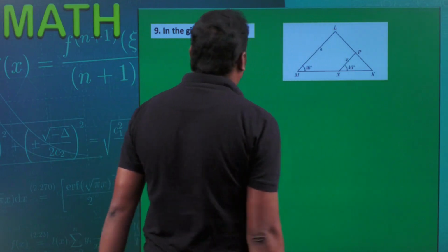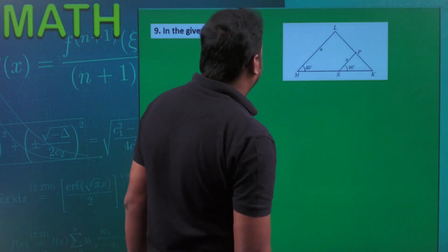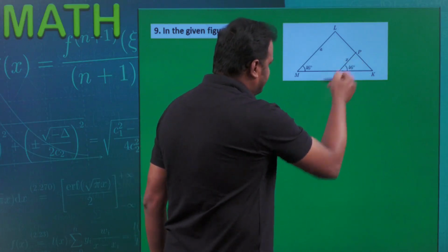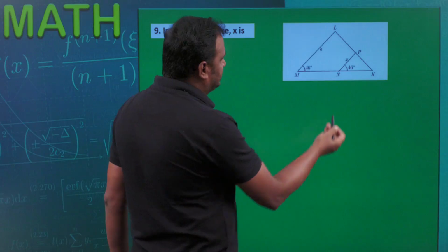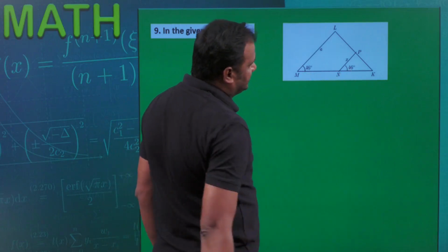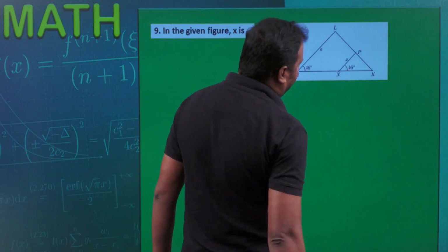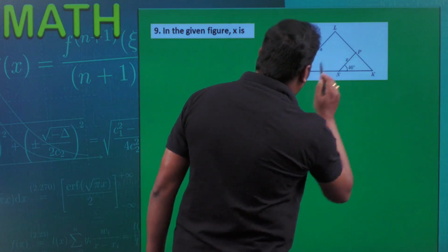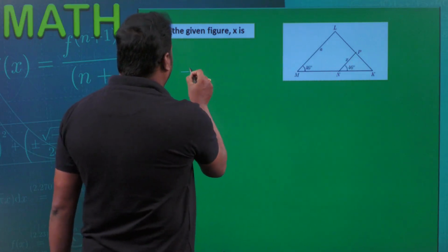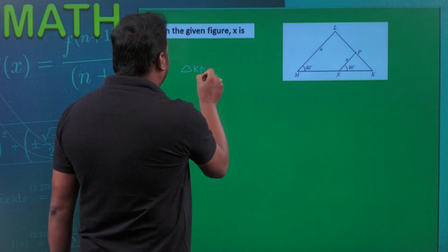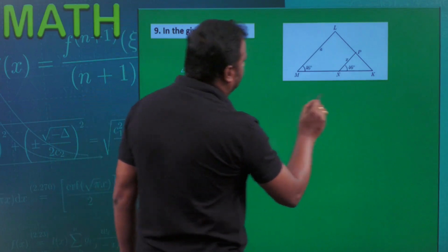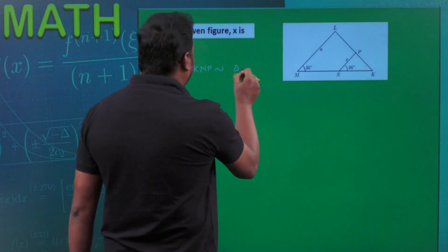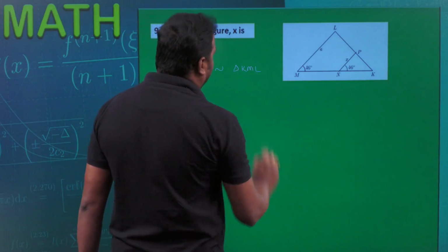Coming to the next one, in the given figure, what is the value of X? So where that X is located, this is X. See here, this angle is 46, this angle also 46, and K is a common angle for both the two triangles. Therefore, triangle KNP is similar to triangle KML.